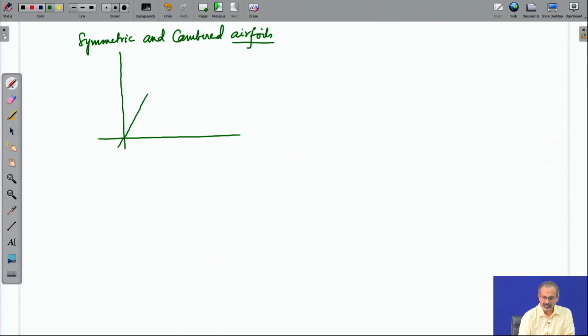Then how would the plot look like? For a symmetric wing, the plot would look more like this. For a cambered wing, it would look more like this.